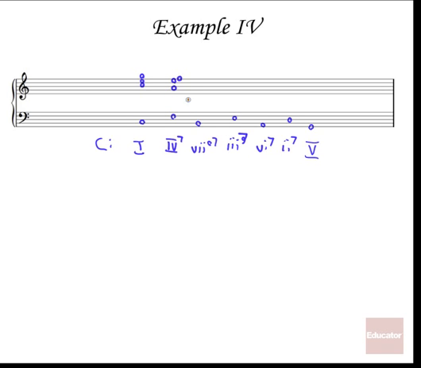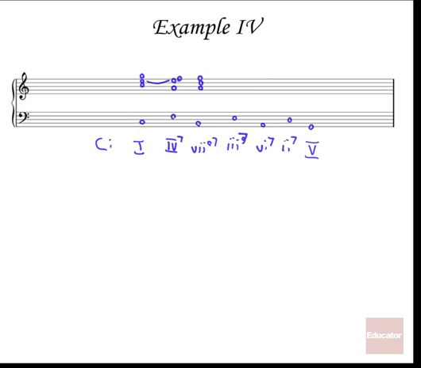And then for the next chord, we need to make sure that the 7th resolves down. So the E is going to resolve down to D, while the F and the A stay on the same notes. So again, what happens is from one chord to another, we have one common tone while the other two voices move down.